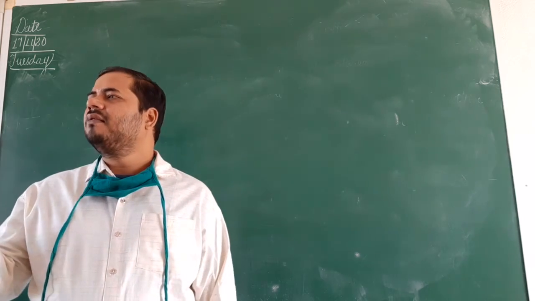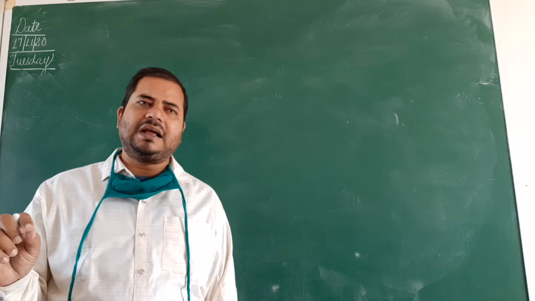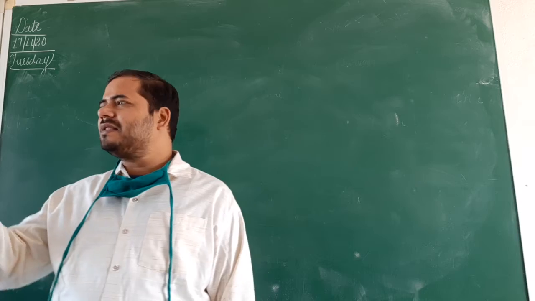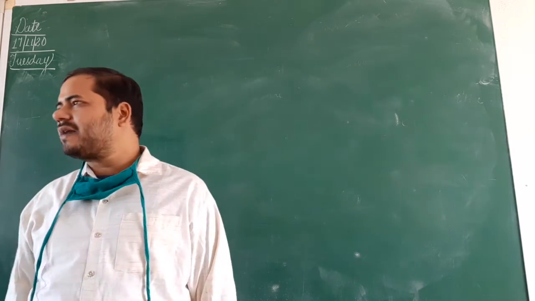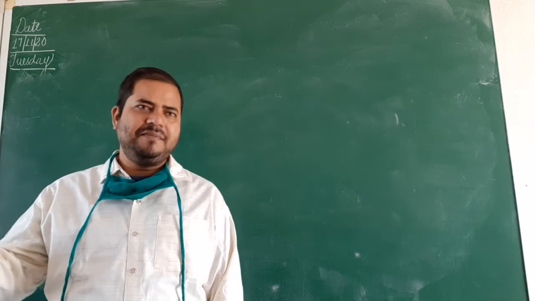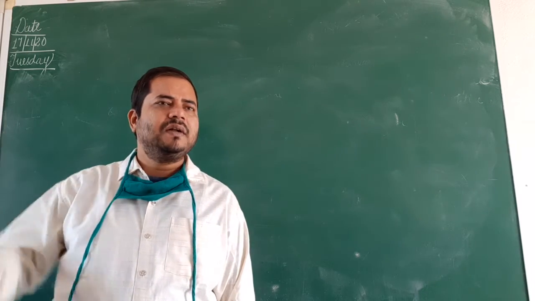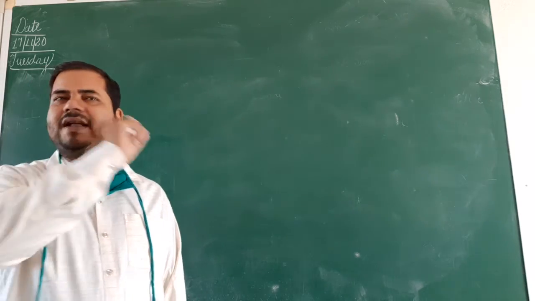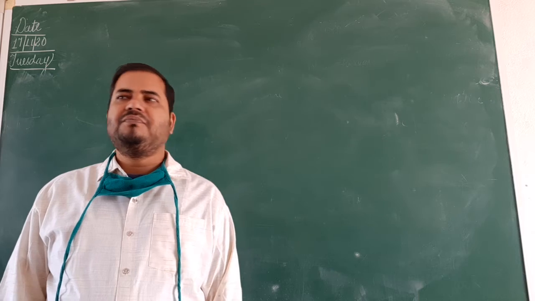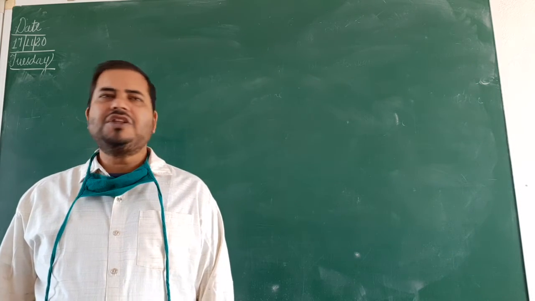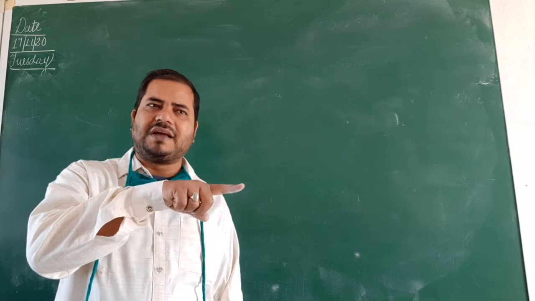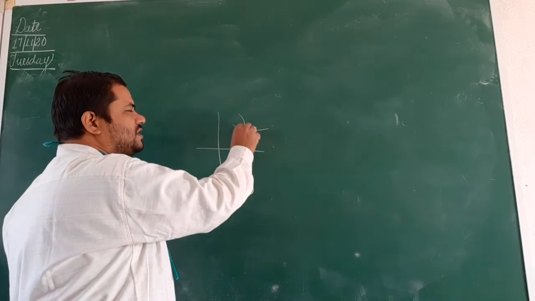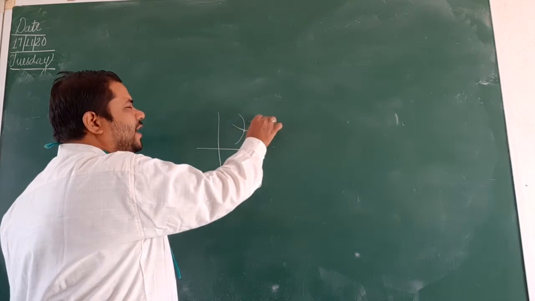If you draw the less than type ogive and more than type ogive in the same coordinate axis at the same time, then you will get the point of intersection of these two graphs. And that particular point is nothing but the median of the data. Where do you select the median? In the cumulative frequency table. So if you draw the graph and this is the point of intersection, then this is of XY type, no?